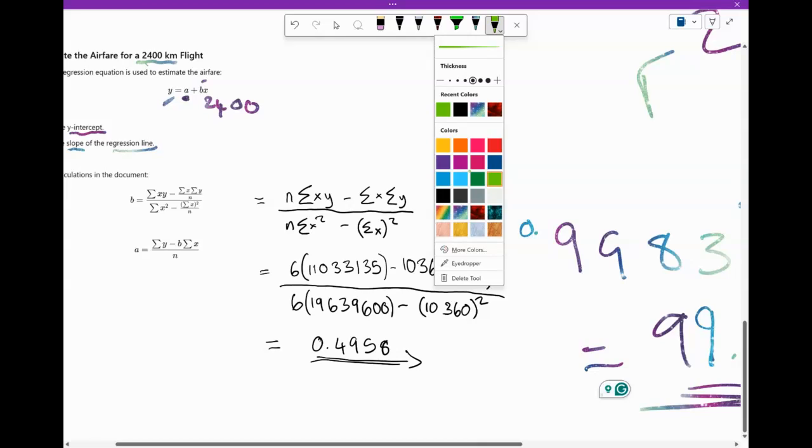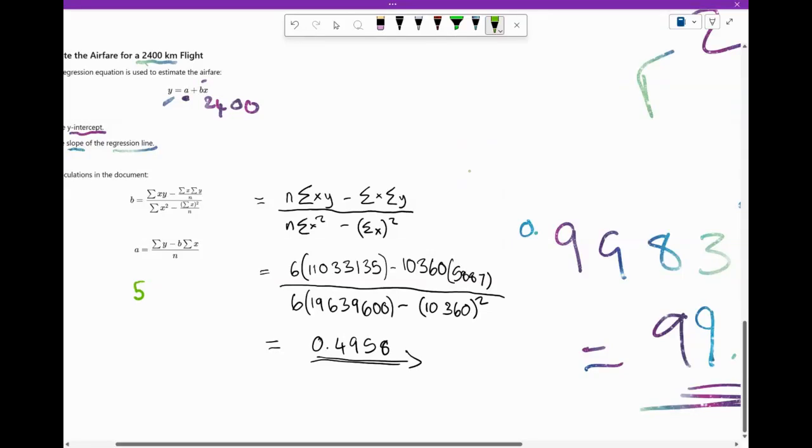So what is the total of y according to the table provided? It should be 5,887, and then minus 0.4958. And we said x is what? Well, the sum of x.